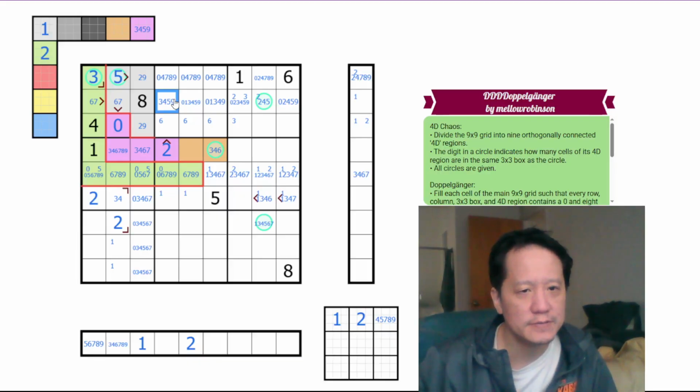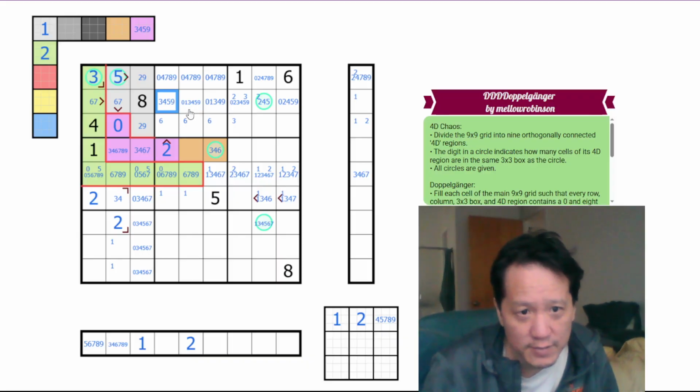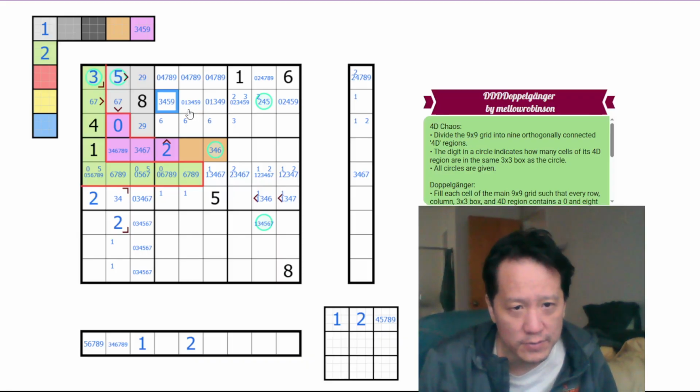Huh. We need access to a 4 for the light region. Oh boy. But we're running into problems now.